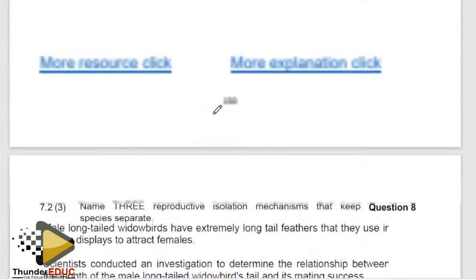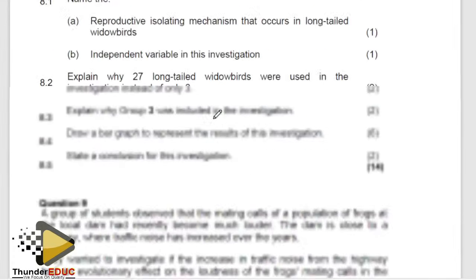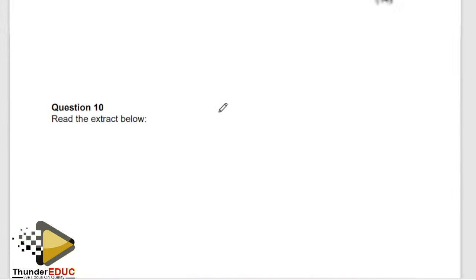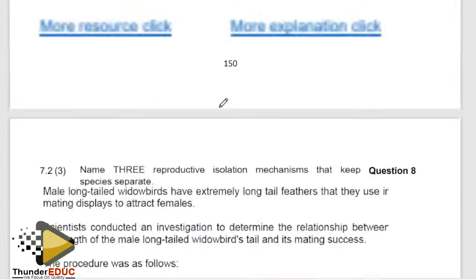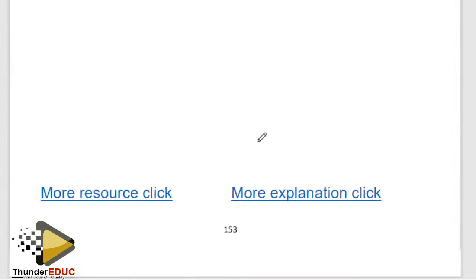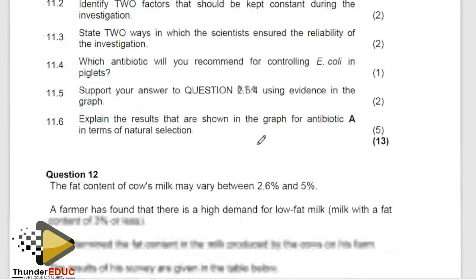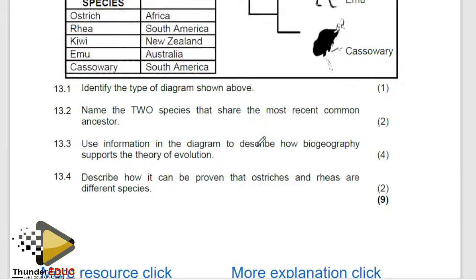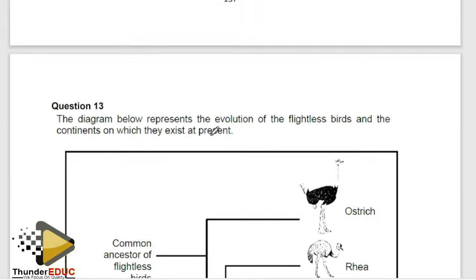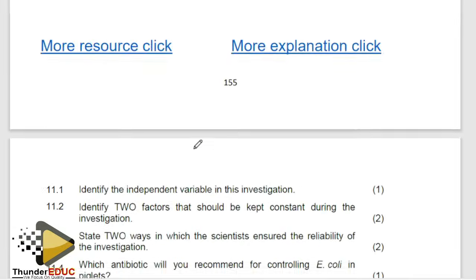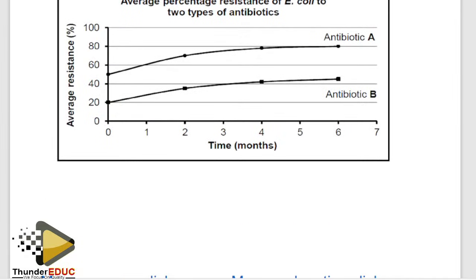Okay, guys, someone is asking me a question. Let me see if I have that question here. If I have it, I'll try to answer it. Let me see the one for flightless birds. How did they become? Do you mean this one? I think I don't have the question here.